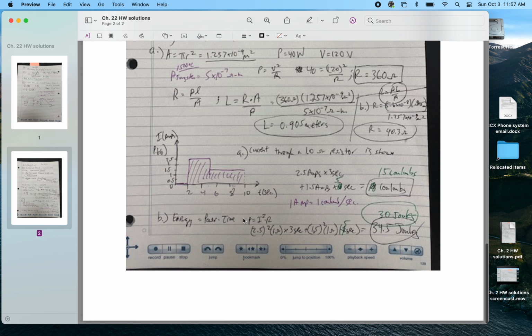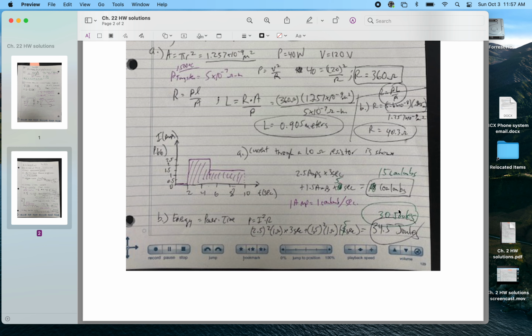For problem 66, it's the last one, the current through a 1.0 ohm resistor is shown. It's asking about the total number of coulombs. So I screwed up because I said it was 2.5 amps times 3 seconds, and then I said 1.5 amps times 7 seconds. That was wrong. That's a 5-second interval. So I should end up with 18 coulombs.